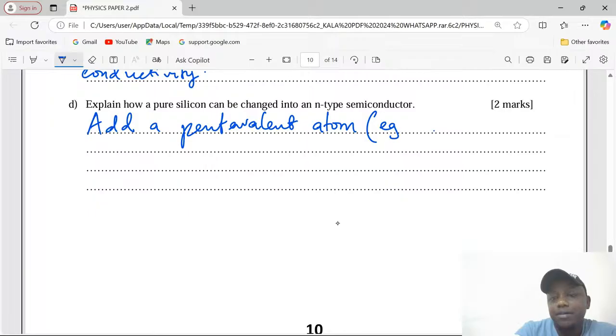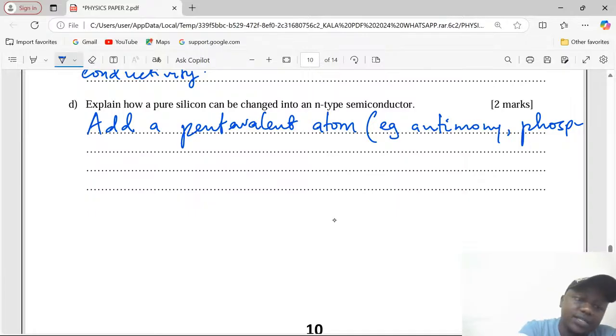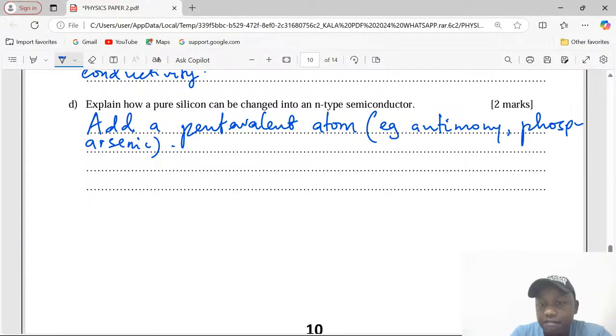The examples are, we can have antimony, we can have phosphorus, arsenic, etc.